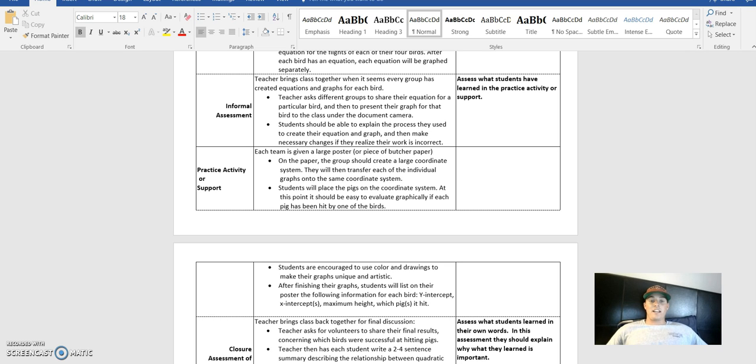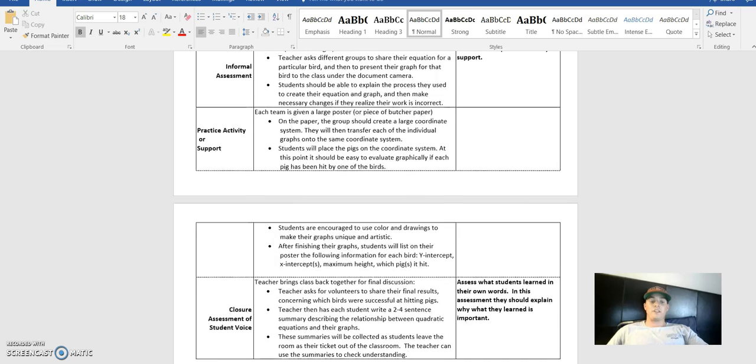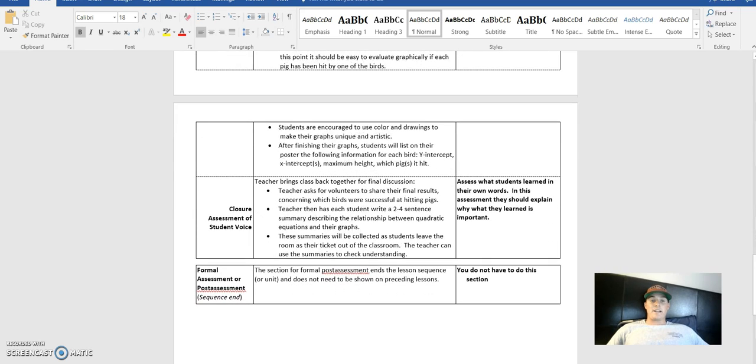Students can add color, and a good idea would be for teachers to hang up all these posters around the room after they're finished. I remember being a college student and finding this to be a very enjoyable exercise and activity, so I'd imagine it would transfer backwards into the high school level as well. And also the math would be at a content level that would make sense for high school.